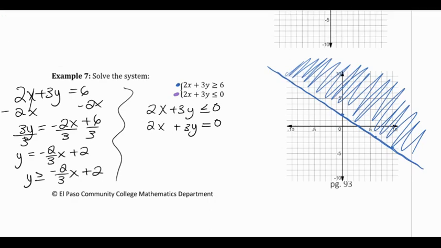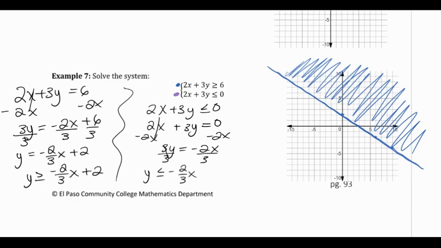Now we subtract 2x on both sides. We have 3y equal to negative 2x. That's it, because plus 0 is nothing, divided by 3. So I have y, the same sign, less than or equal to negative 2 over 3x.